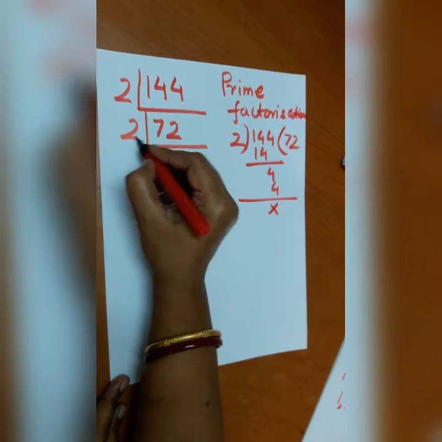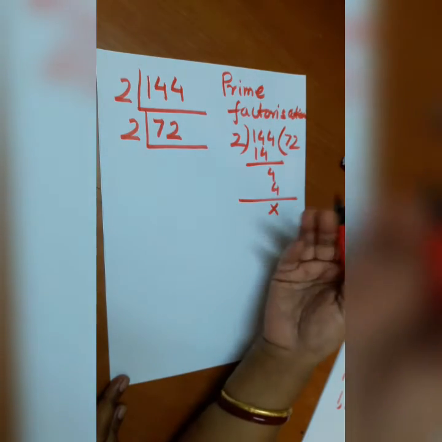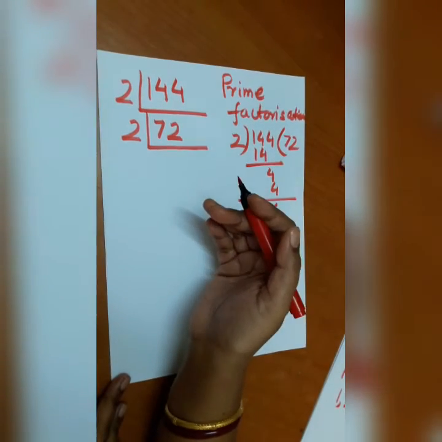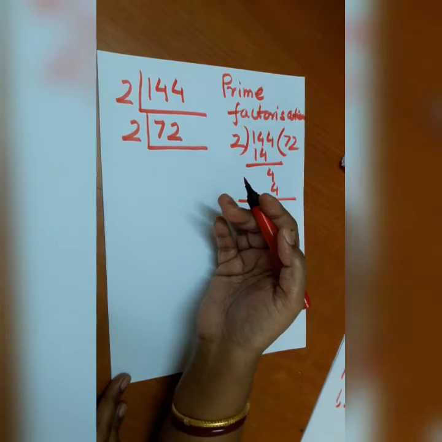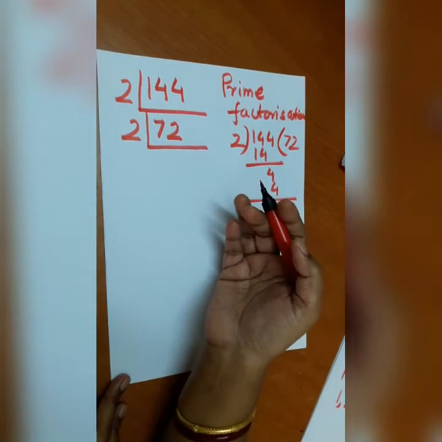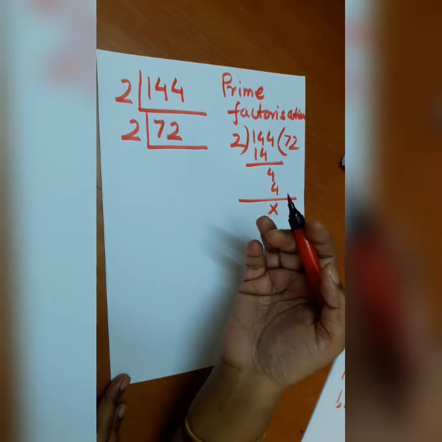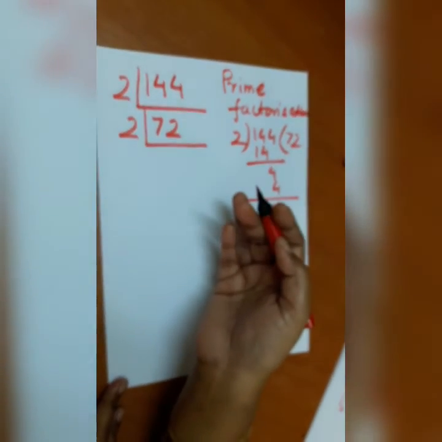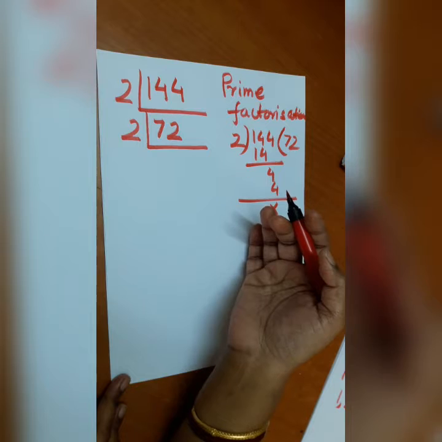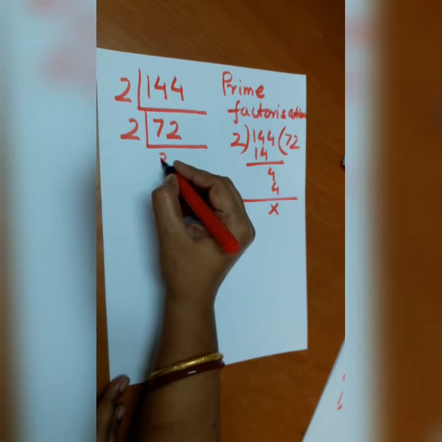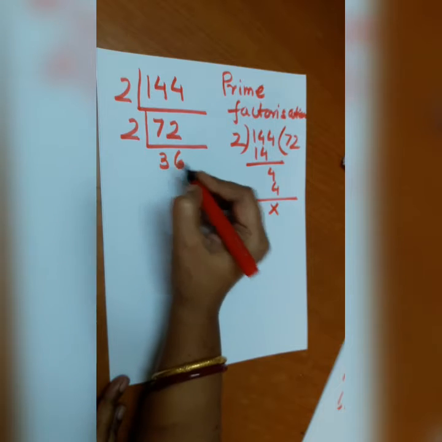So again I will do with 2. Otherwise, in prime factorization, if any number you see is not even, if it is odd, then you can start dividing with 3. Check it. If it goes by 3, if it goes by 7 or 5, then 11, then 13, like that. 2 3s are 6, 2 6s are 12.